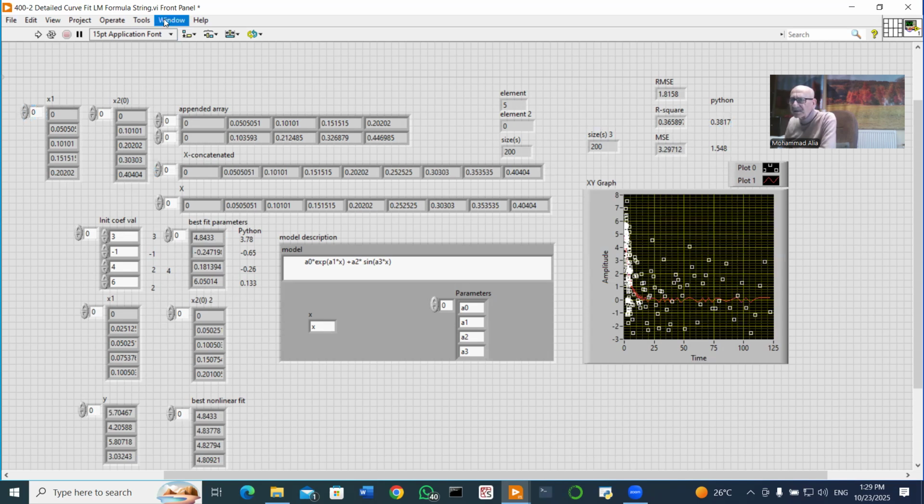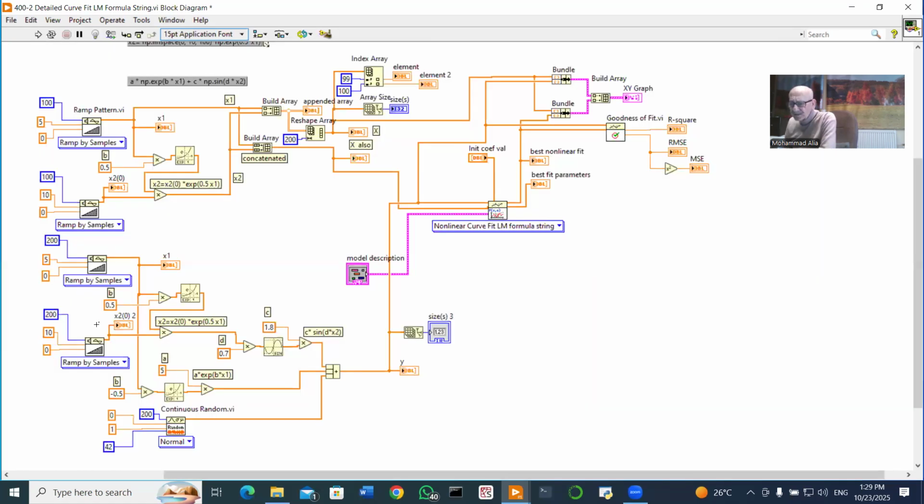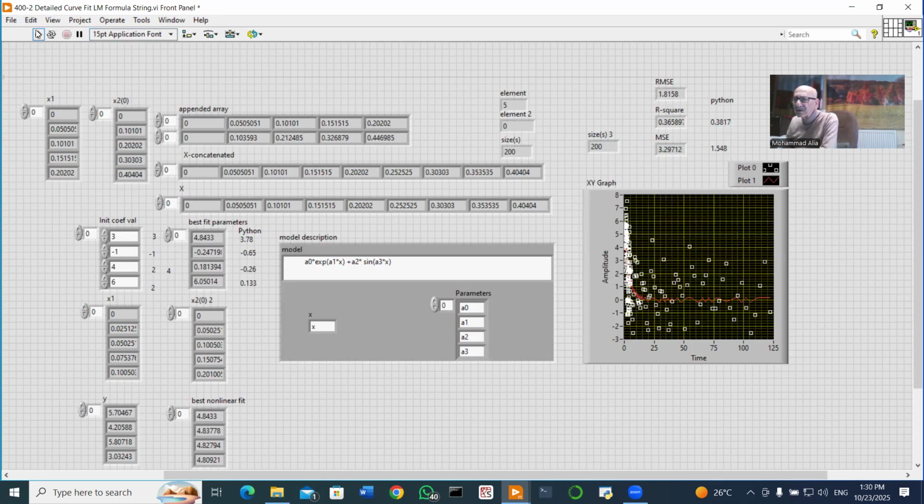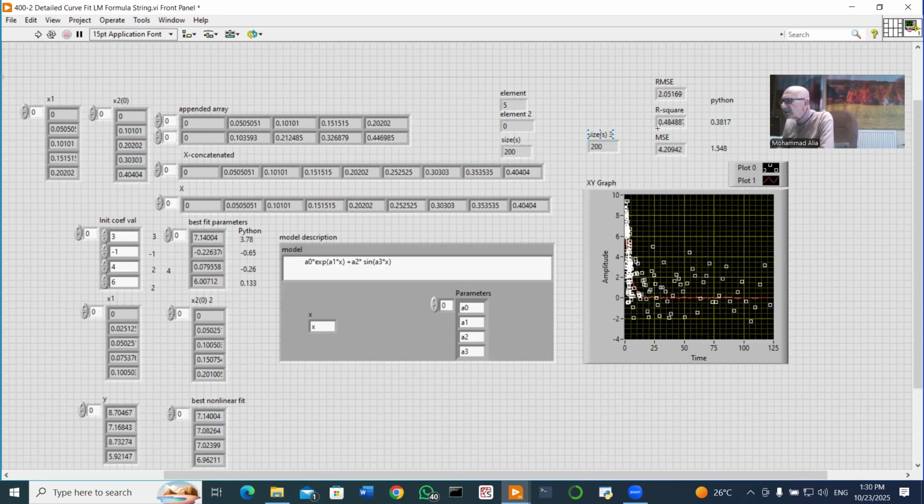If I increase it more from 5, let me say to 8, maybe, and now I run it, it is now 0.48, which is better than we have got with Python.